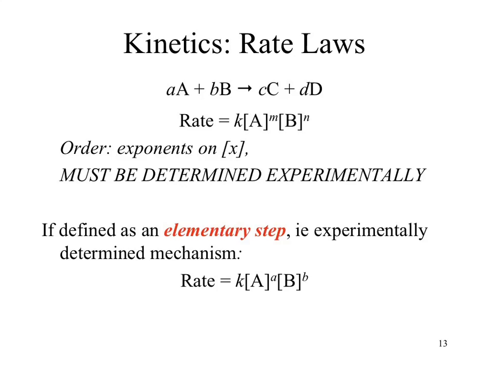We want to pick two experiments where one of our reactant concentrations does not change. Why? That simplifies our problem. When we try to determine how our rate changes with respect to the concentrations, if one of our concentrations never changes, it's of course not going to affect the rate because the concentration didn't change.